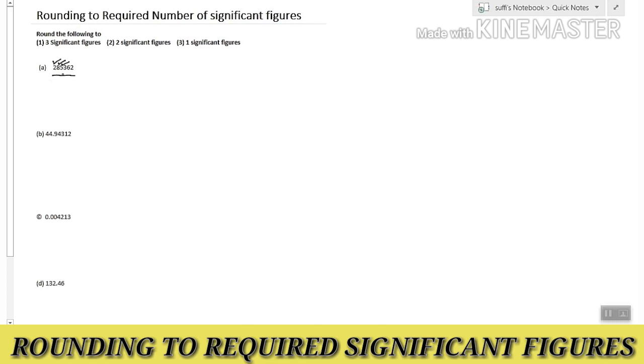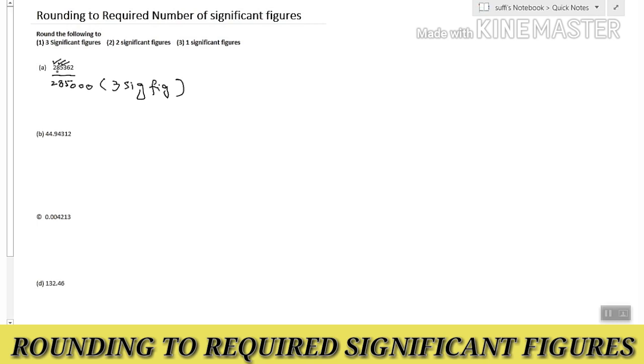It means after this we have to remove the remaining 3, so it will become 2, 8, 5. As the next digit is less than 5, we will just write the rest as 0. So this is rounded off to 3 significant figures.